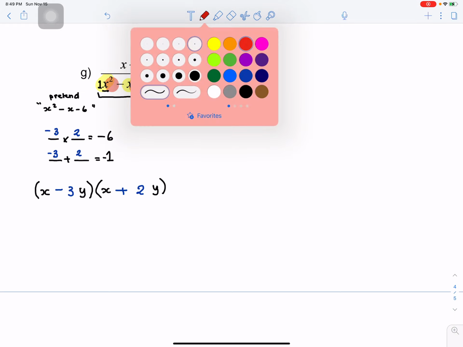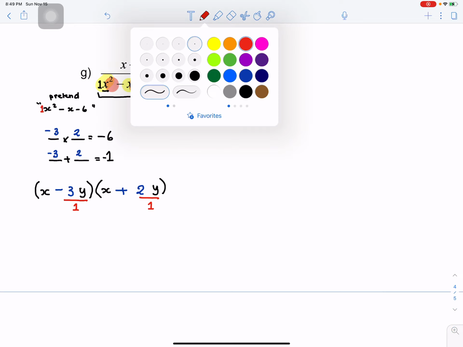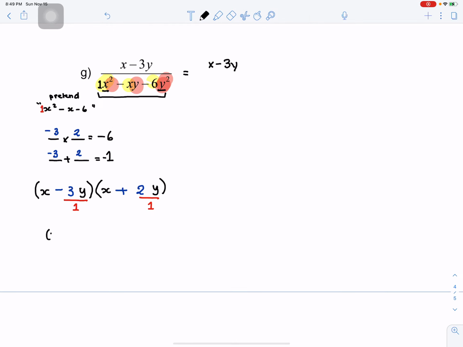I still follow the same thing. My a value is 1, so I divide by 1. I get 3y divided by 1 is 3y with my negative sign, and 2y divided by 1 is 2y with my sign. That's what my denominator simplifies to.